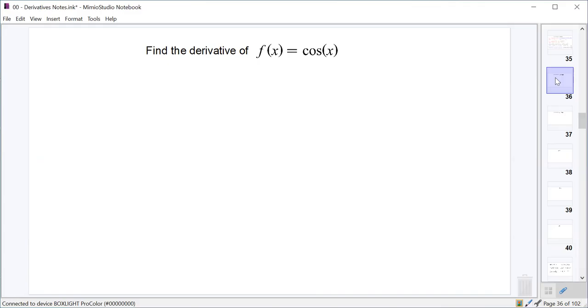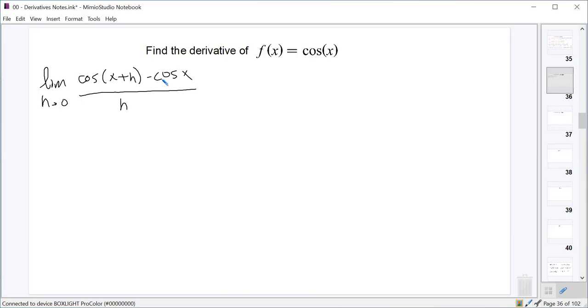And so this is going to start out as a limit as h approaches 0 of cosine of x plus h minus cosine of x all over h. And we're going to then use that same type of formula that we used a bit ago for sine of x plus h, except this time we're going to use the one for cosine of x plus h.